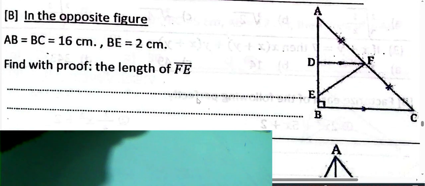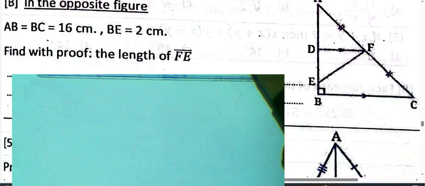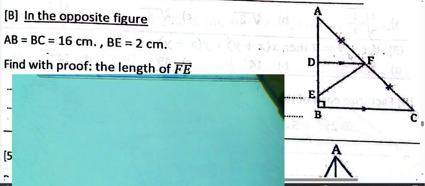Next question. Opposite figure, prove and find the length of FE. We have here a right angle triangle, and BE is this line segment, 2 centimeters, on the base.